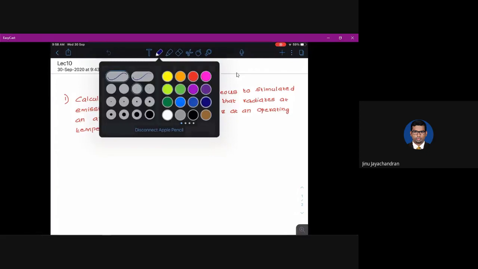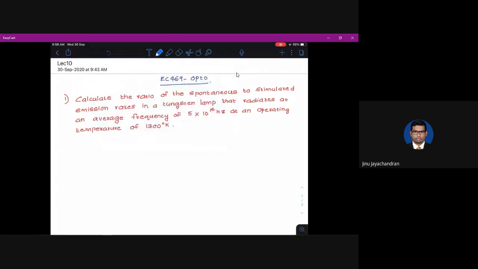So let us first write down the parameters that are given. First one given is nu, which is the frequency, equal to 5 into 10 raised to 14 hertz. The next given is the temperature, 1300 degree Kelvin.